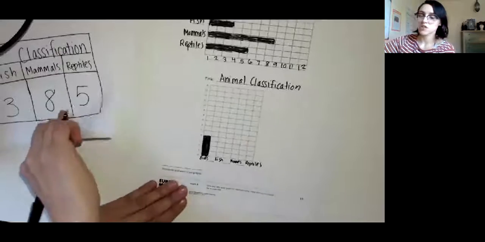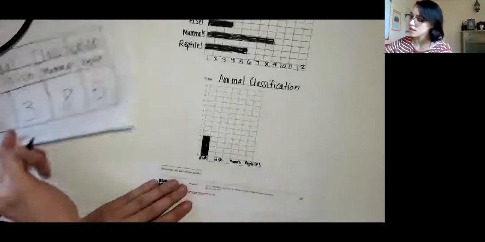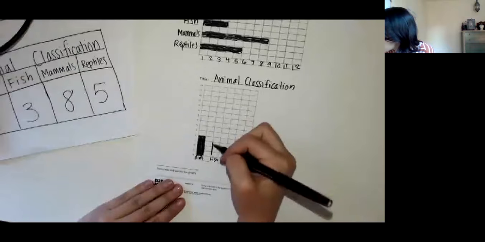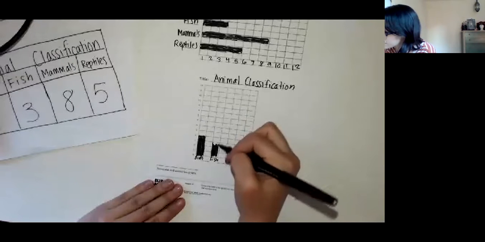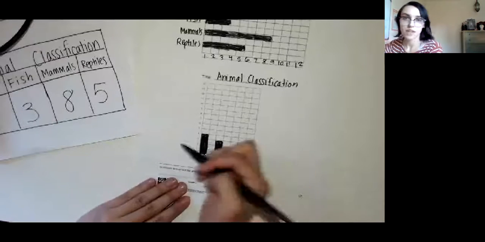If we look at our fish, we had 3. So we're going to shade in all the way up to the number 3. Then when we look at mammals, we had 8.